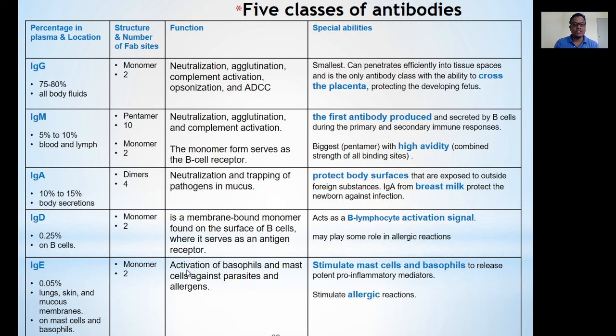IgE's main function is to activate basophils and mast cells in response to parasites and also allergens. They stimulate mast cells and basophils to release very potent pro-inflammatory mediators, and they are also one of the main culprits in stimulating allergic reactions.